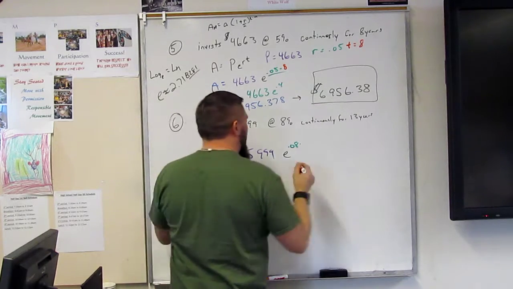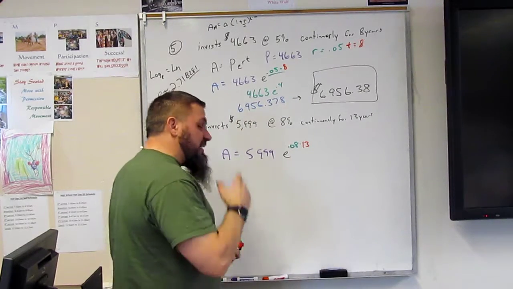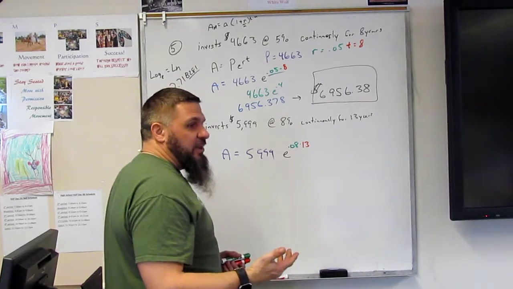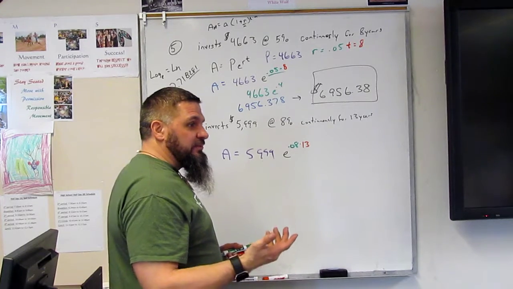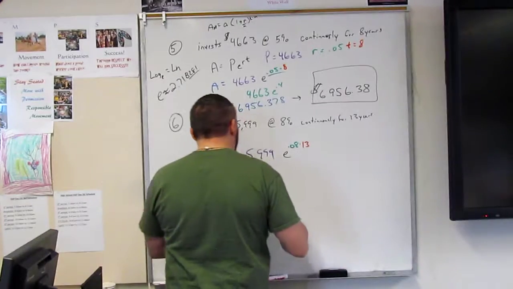How much time? 13 years. Okay. Now doing 13 times 8 is a little harder, but you can do it in your head: 80 and 24, which would be 104. So that's 1.04, right?